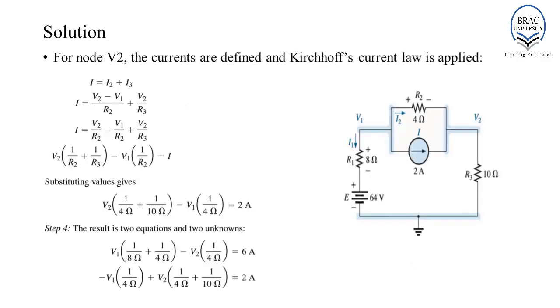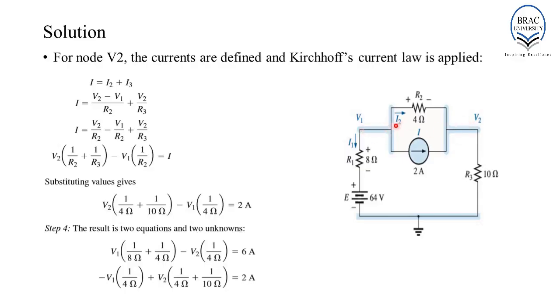As I have mentioned earlier, for this particular example, when we consider a particular node, we will assume that the potential at that node is at a higher level than all the other nodes. So, when we apply KCL at node 2, we will assume that V2 is at higher potential than V1.